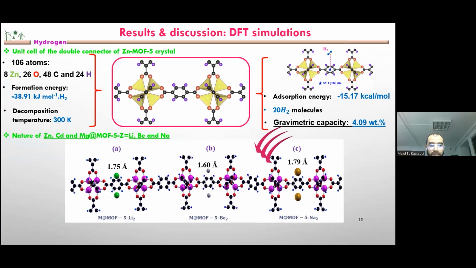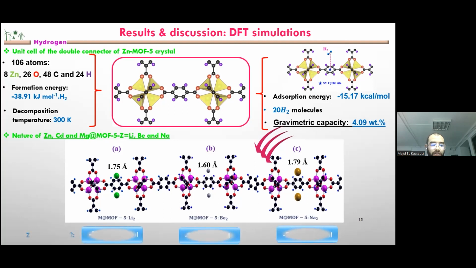The first one consists of substituting the Zn by cadmium and magnesium atoms, and the second one investigated the effect of decoration by three elements, lithium, beryllium, and sodium atoms, on the most favorable adsorption site, I mean the organic linker.